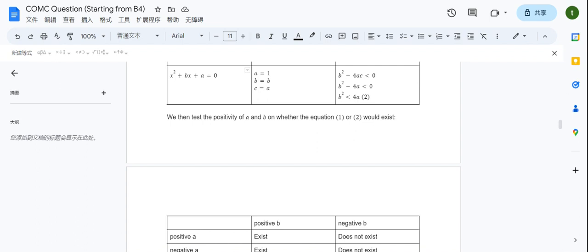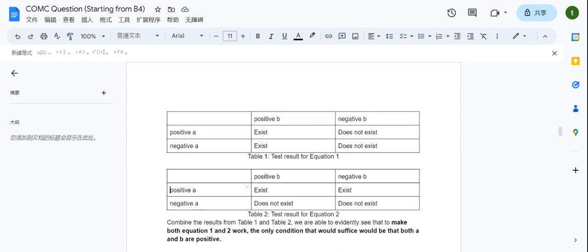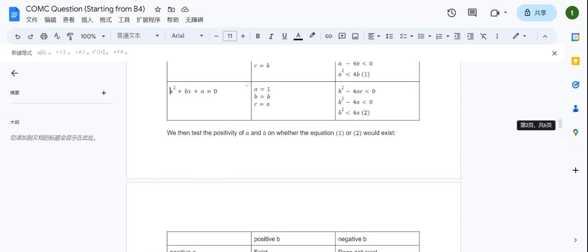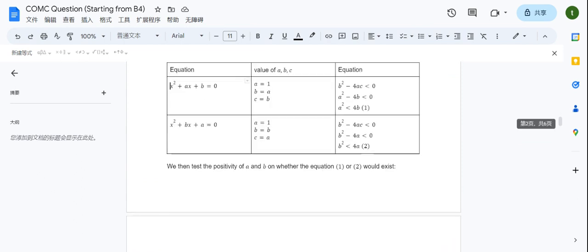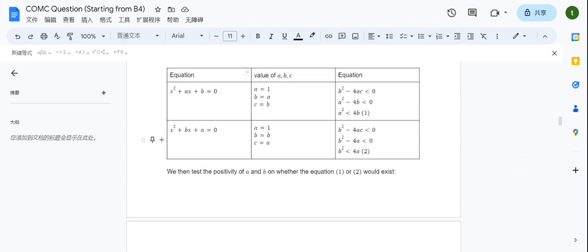And it works conversely for equation 2. And for equation 1, a positive b and a negative a would also exist, because a negative squared is positive, right? So in this case, we can set a as negative 1 and b as 1000 and it works.